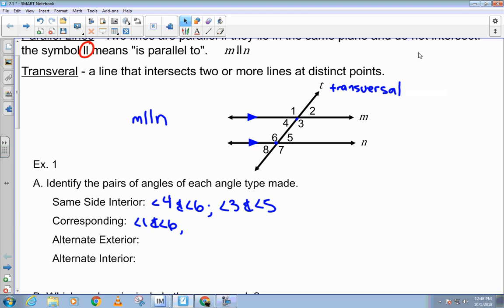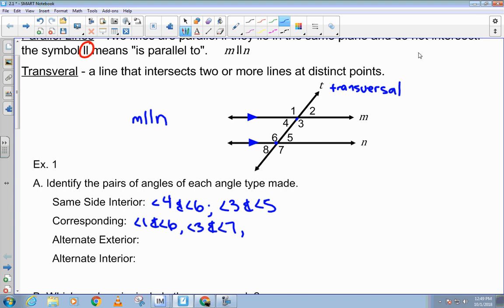What would be some other corresponding angles? 3 and 5, no, those are same side interior. 3 and 7, because they're to the right, below the line. So angle 3 and angle 7.